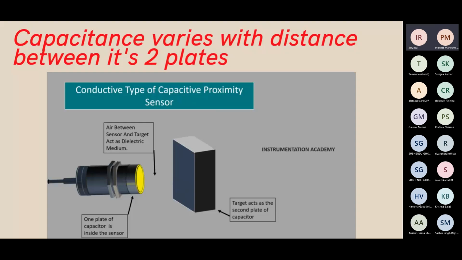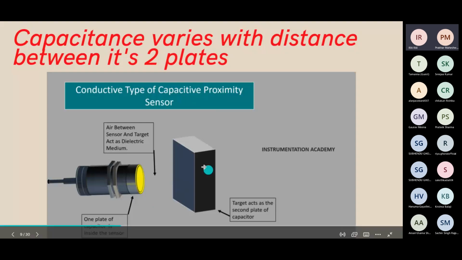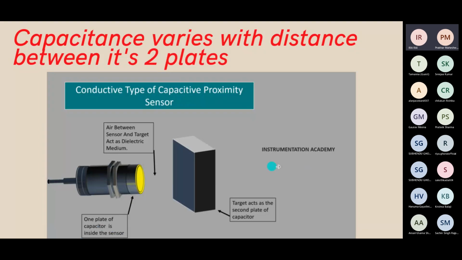And if the target moves back, the distance would increase, that would decrease the capacitance, and that would again decrease the amplitude of the oscillator, and it would bring back the sensor to its original state. So these are the two properties that are applied in these two types of capacitive proximity sensors.